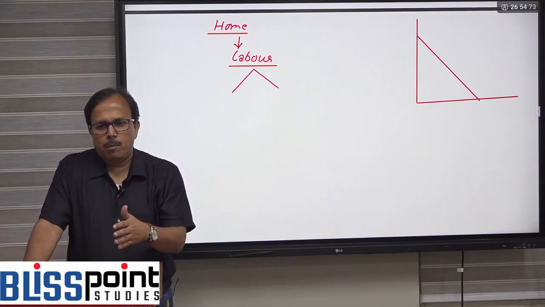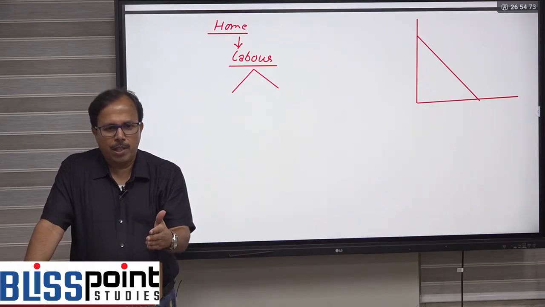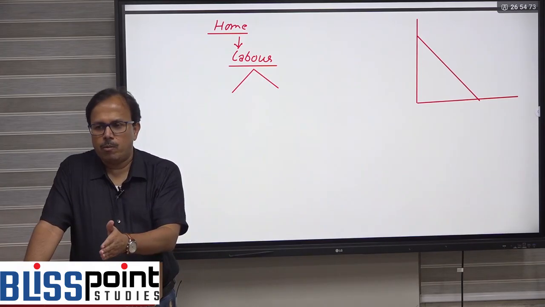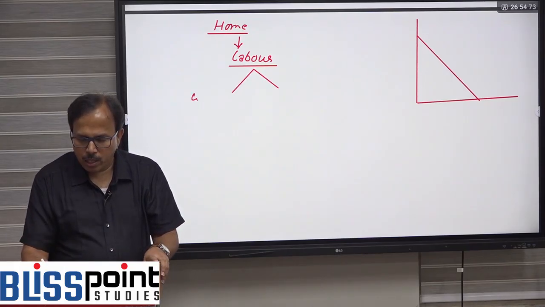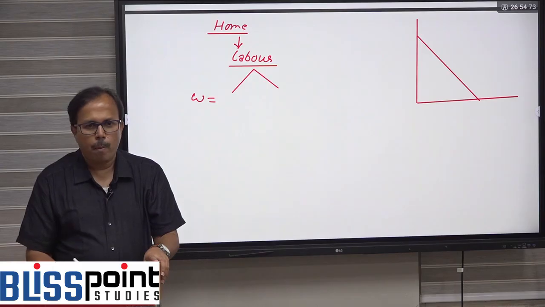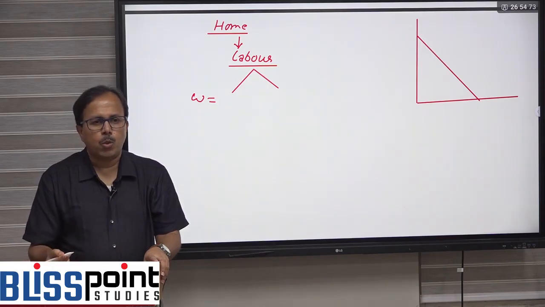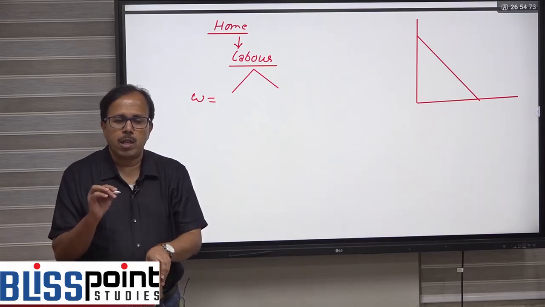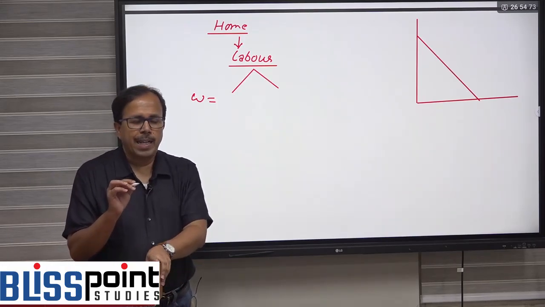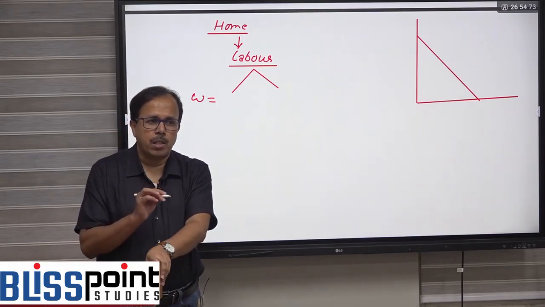Now that will depend upon how much is the wage given to that labor in cheese, and how much is the wage given to that labor in wine. So first I calculate how much is the wage given to a worker in cheese. Wage will be equal to, I said it is old theories. All old theories assume the market as perfect competition.